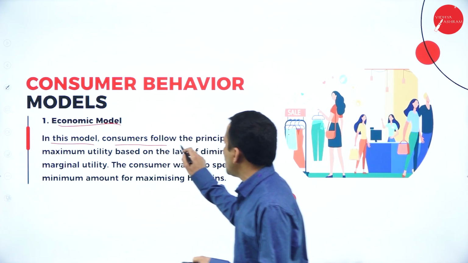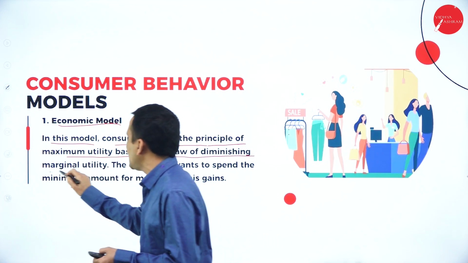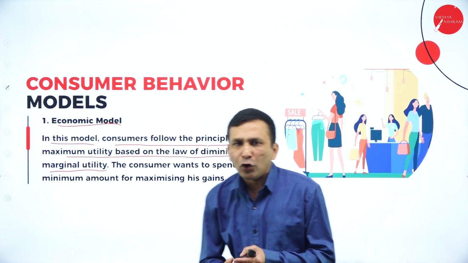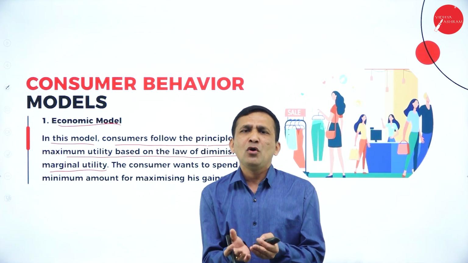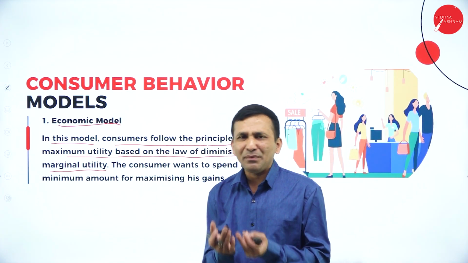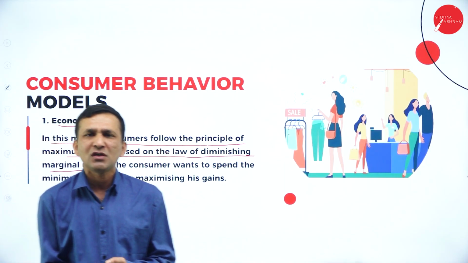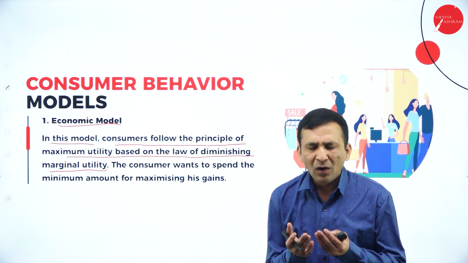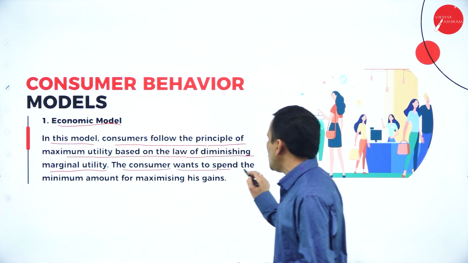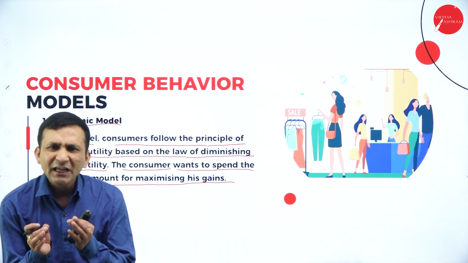In this model the consumer follows the principle of maximum utility based on the law of diminishing marginal utility, because whenever the man is taking a decision related to economical factors, using a small amount of money they try to get maximum benefit, which relates to disposable income, how the man is spending, and what kind of product they depend on every day. So the consumer wants to spend the minimum amount to maximize his gain.